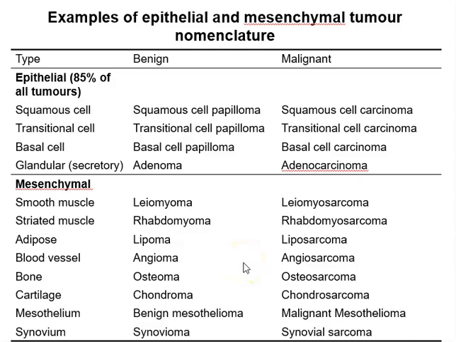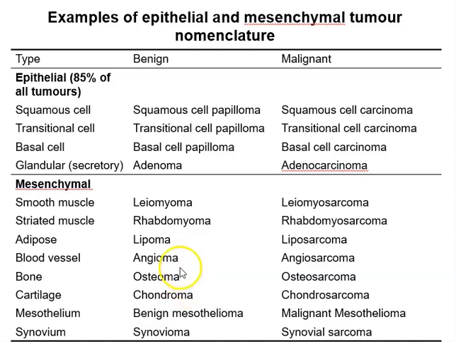For mesenchymal tissues, well, you need to know the prefix and the suffix. So the prefix, adipose tissue, we'll call it a lipoma. If it's benign, it ends in oma. If it's malignant, it ends in sarcoma. So liposarcoma is malignant, lipoma is benign. Angioma, angiosarcoma. Osteoma, osteosarcoma.